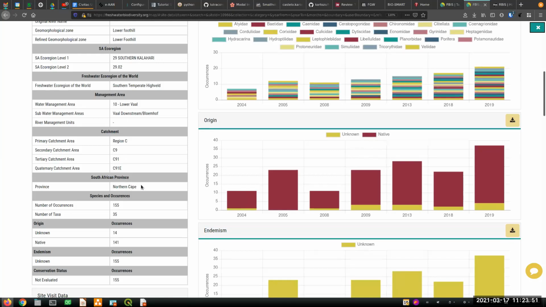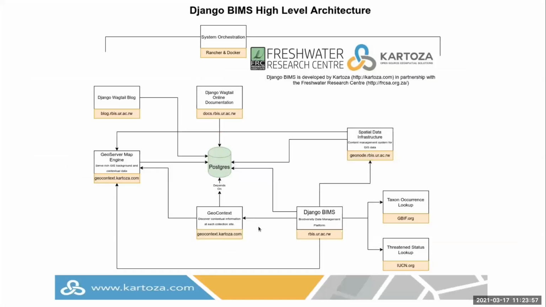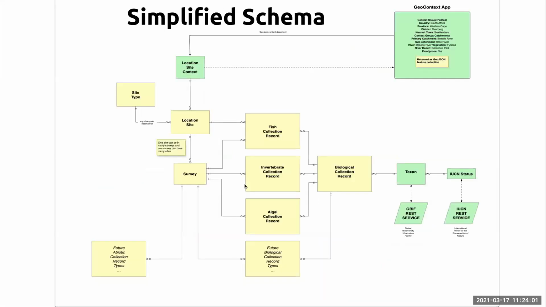And if the data changes over time, we can relook it up and give you the fresh version of the data. So that's quite an interesting and novel piece for the platform as well.